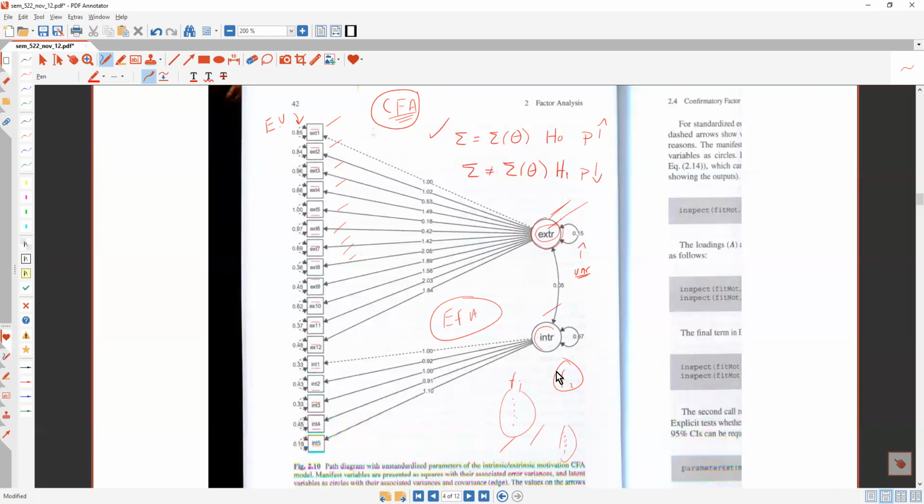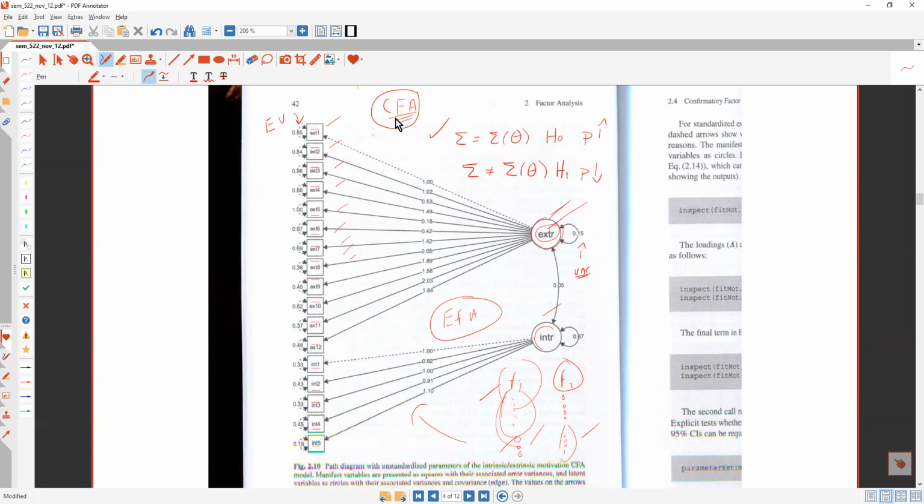And this may not even show up in the exploratory model. It would be a perfect solution if these were all 0 loadings and these were all 0 loadings here, and you had the perfect factor structure that duplicated this. That would be a miracle. It's not going to work out that way. But notice the confirmatory factor analysis is almost a more arrogant model.